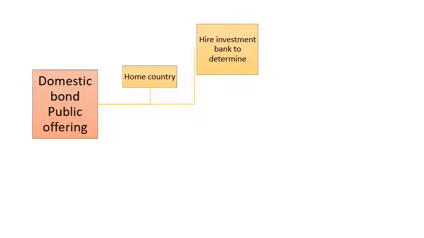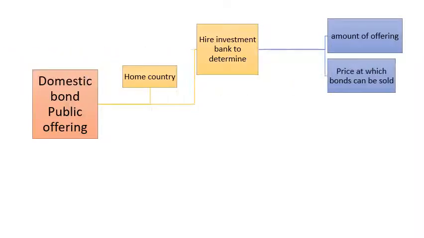Domestic bond public offering. When the multinational corporation decides to offer bonds in its home country priced in the home currency, it does so with the assistance of an investment bank, which helps the company in determining the amount of the offering, the offer price, and allocation methods.